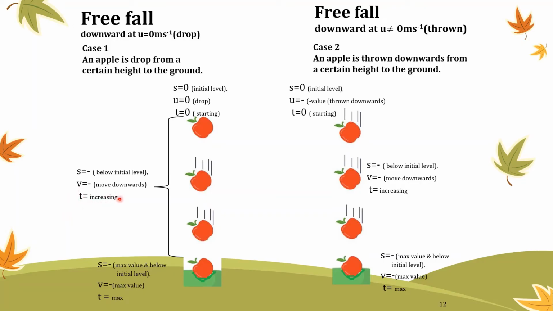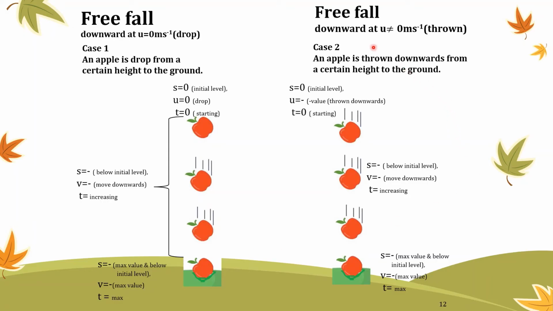Note that time is a scalar quantity, so the time will always be positive. And when the apple hits the ground, the displacement will become maximum and negative because it was dropped below the initial level. And also the value of velocity will be maximum and negative.